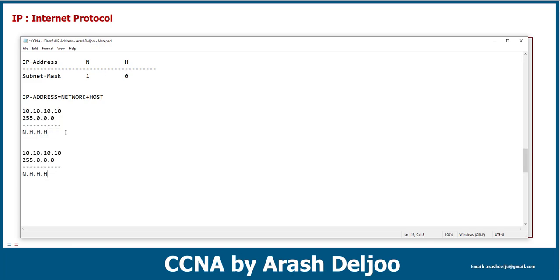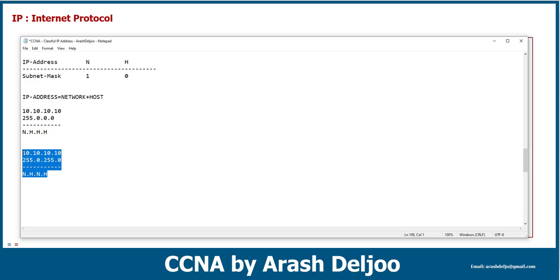But assume that I'm using this subnet mask. Look at here. 10.10.10.10 with the subnet mask of 255.0.255.0. It is not okay. Why? Because here you say that the first octet is network bits, the second octet is host bits, again the third octet is network bits, and the fourth octet is host bits, and this is not possible.